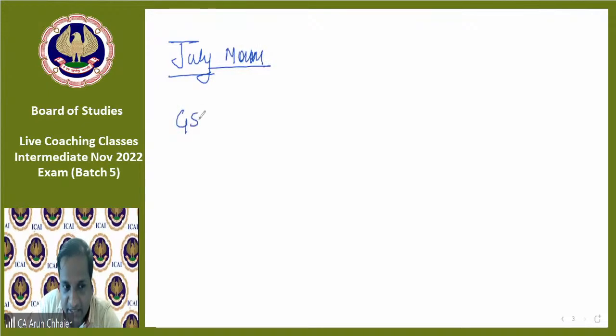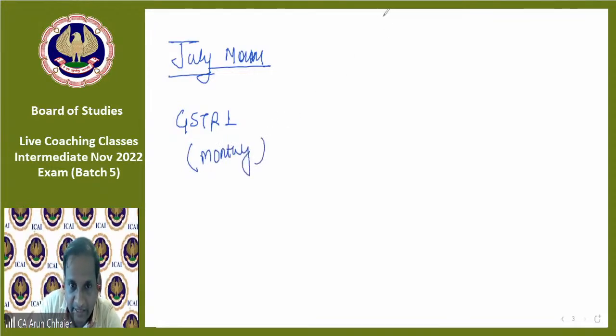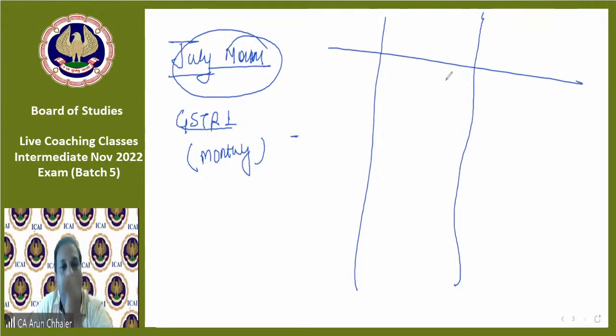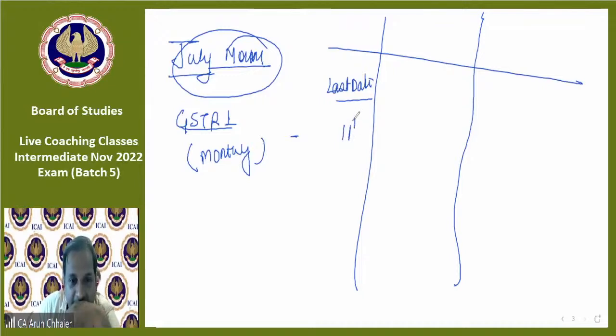If it is monthly, what is the due date for the GSTR1 for the month of July, so that I can write the date here? It is 11th. I can write 11th August.